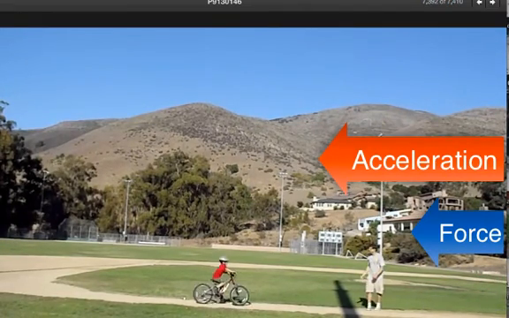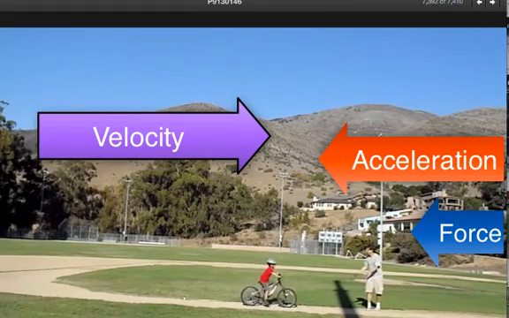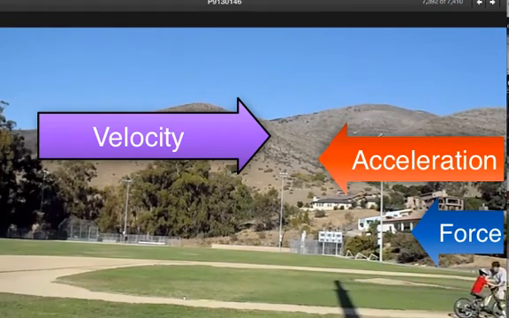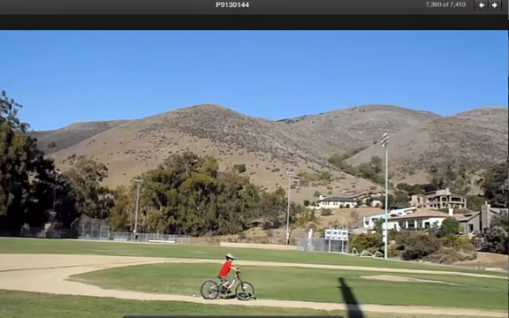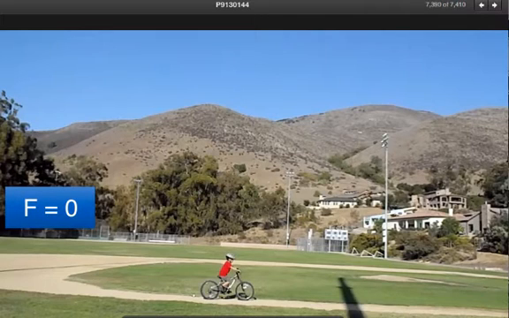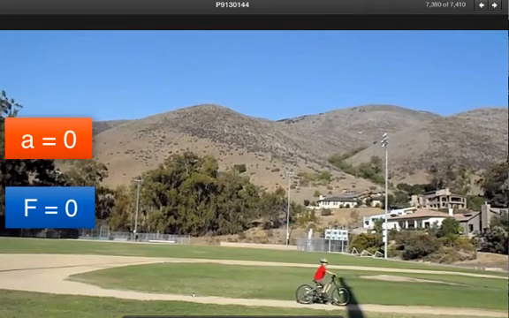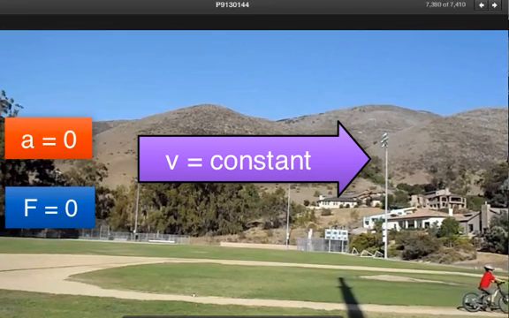Let's see that again. His velocity is still to the right, but the acceleration is to the left, reducing his velocity. And if there's no force, that is, if the force is 0, the acceleration is 0, and we continue at a constant velocity. Dynamics simply means when you put a force on something, it's going to accelerate, or we know F equals ma.